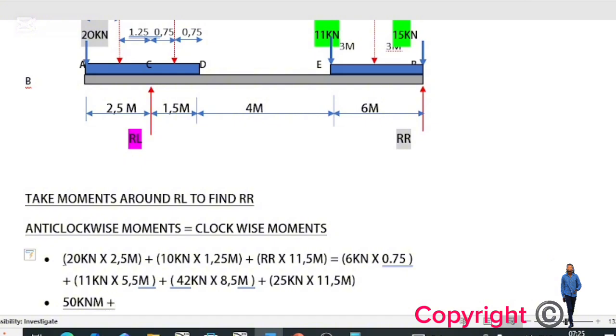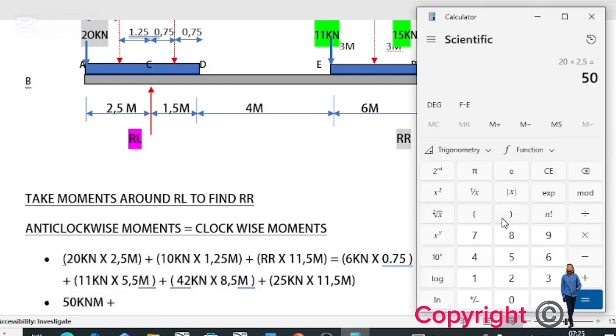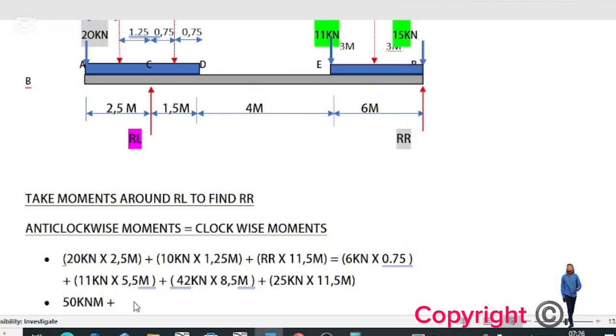Then plus, calculator again, 10 multiplied by 1,25. It's 12,5 kilonewton meter.